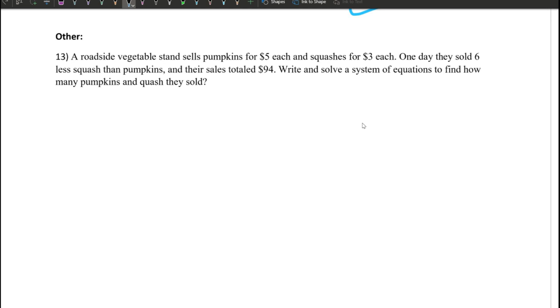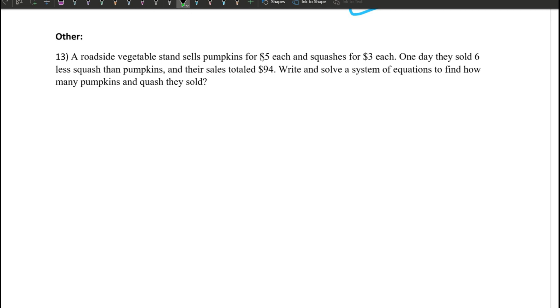One day they sold 6 less squash than pumpkin, and their sale total is $94. Write and solve the system of equations to find how many pumpkin and squash they sold.